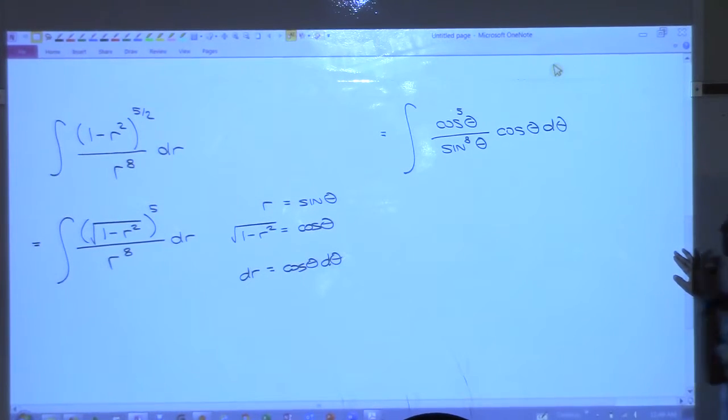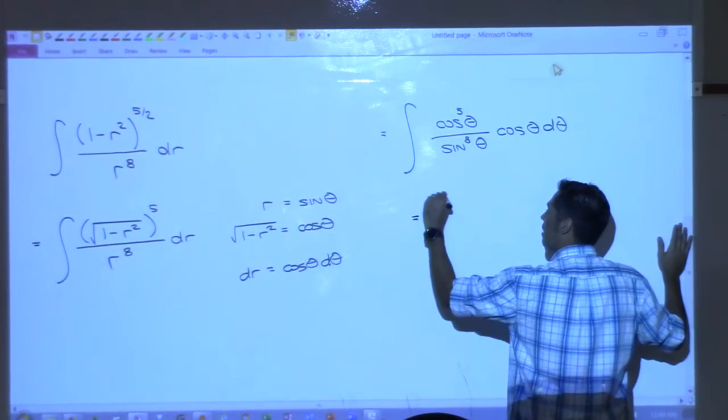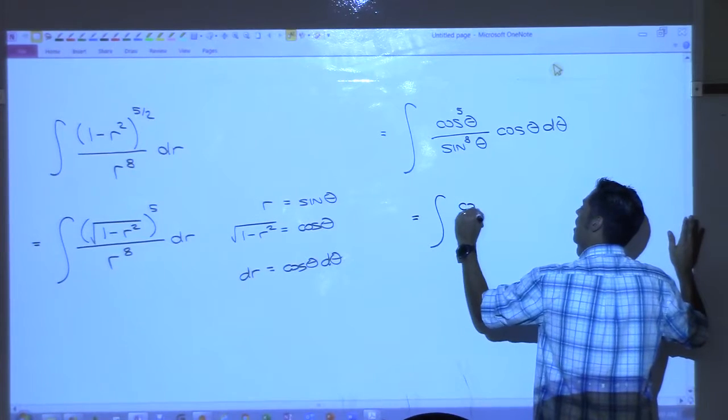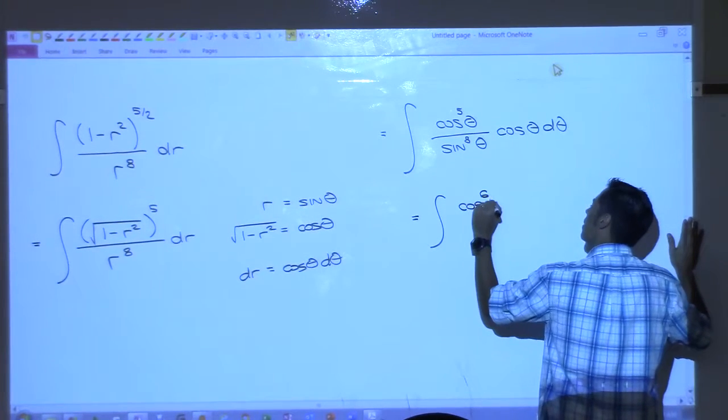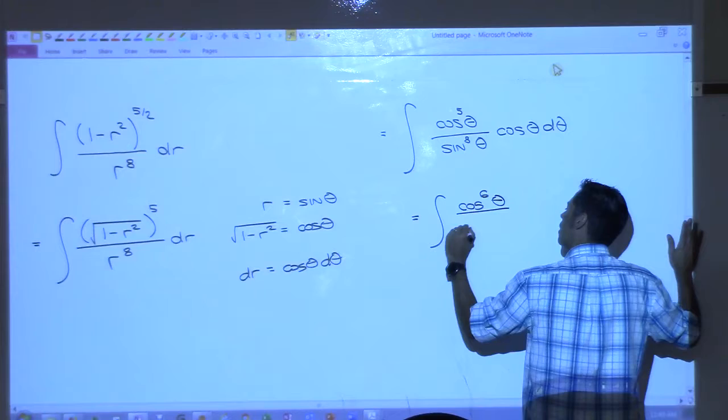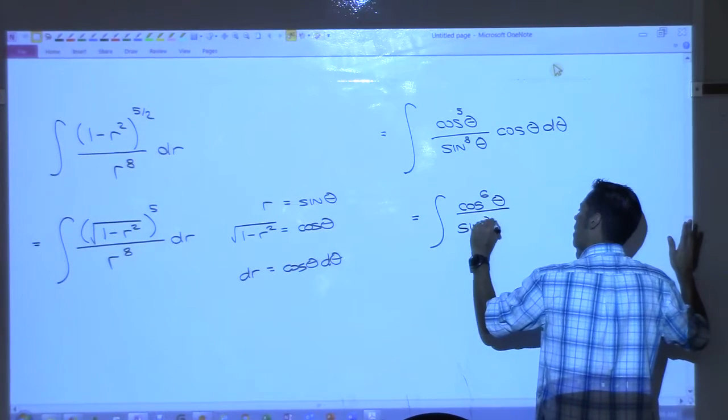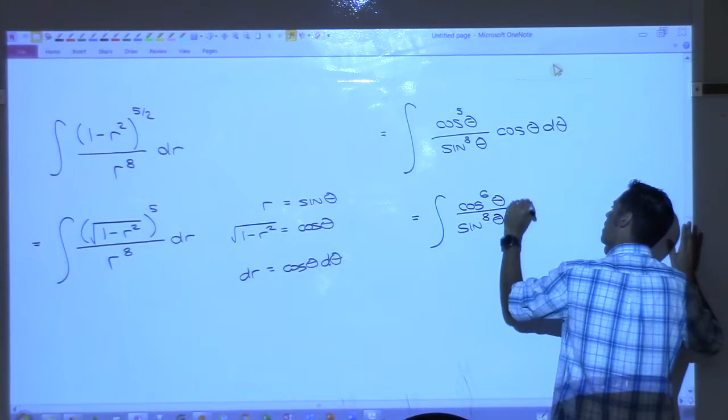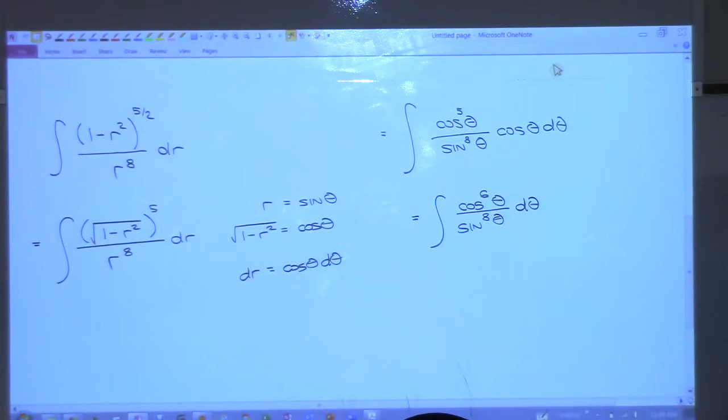Okay. So let's see, what is this going to be? This is going to be cosine to what power? 6th theta over sine to the 8th theta d theta. And that looks somewhat horrifying, doesn't it?